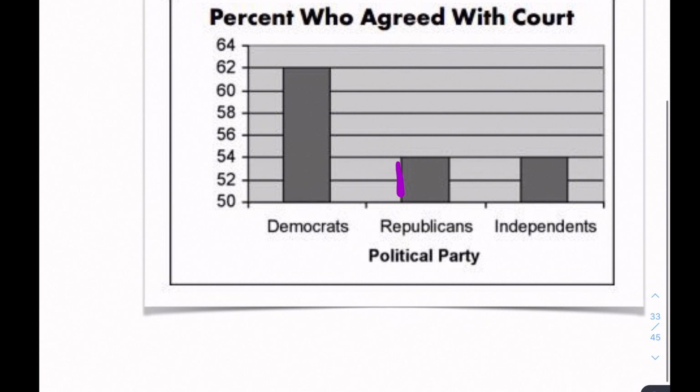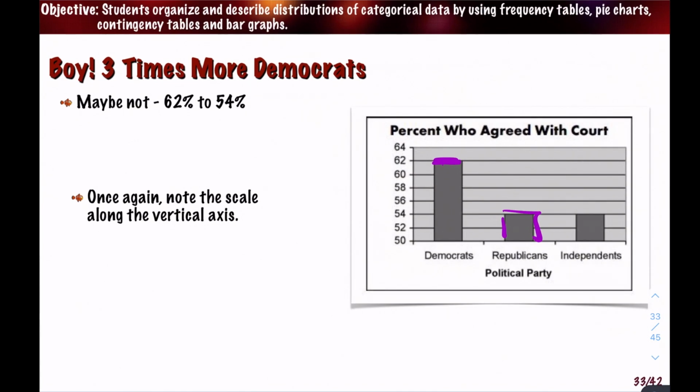But this is 54, and the Democrats are 62. So once again, if you note the scale along the vertical axis, it's misrepresenting what the data is actually representing.